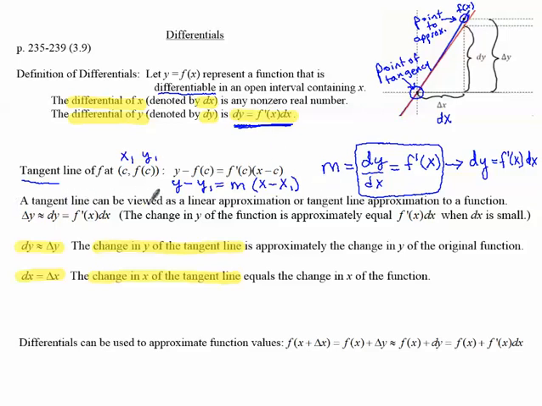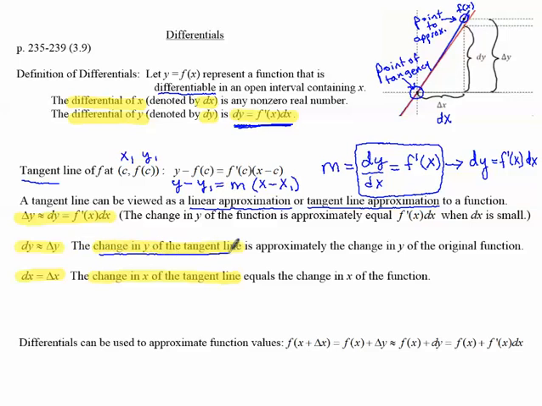A tangent line can be viewed as a linear approximation, or a tangent line approximation, to a function. Delta y is approximately dy, which equals f prime of x dx. Or the change in y of the function is approximately equal to f prime of x dx when dx is small. So notice again, dy approximately equals delta y.